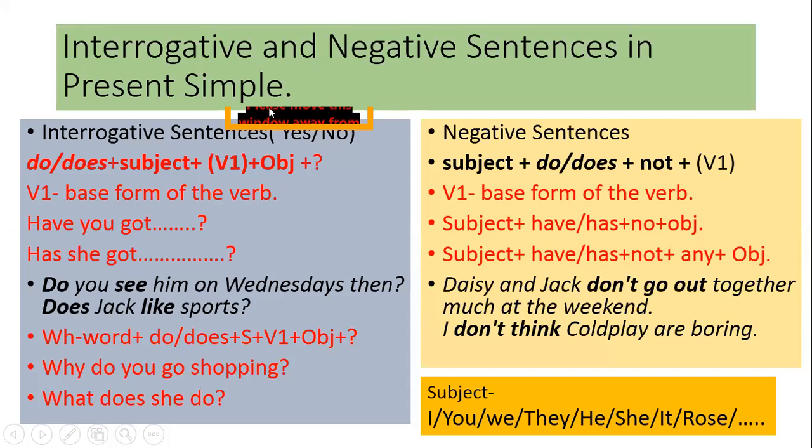So in present simple, in interrogative and negative sentences, there are some changes to be made. In interrogative sentences, like yes/no questions, we always use do or does, followed by the subject with V1 and the object. V1 is always the base form of the verb, the infinitive without to.